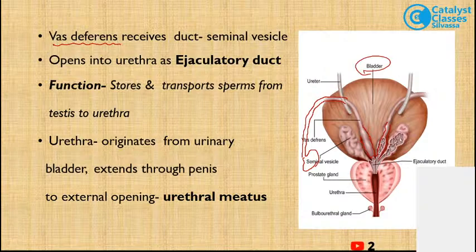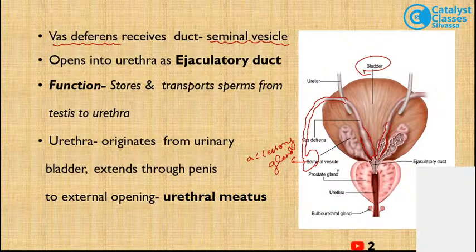Okay, now before the vas deferens continues further into the urethra, it also receives the opening of the seminal vesicle. Seminal vesicle is a type of accessory gland. What it is going to do? It is going to secrete certain fluid.